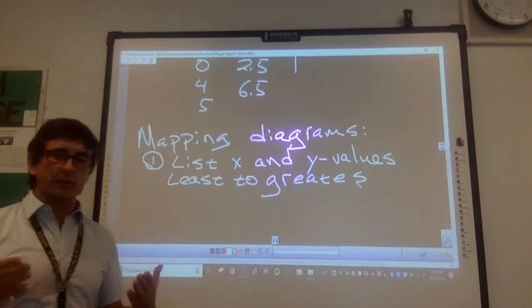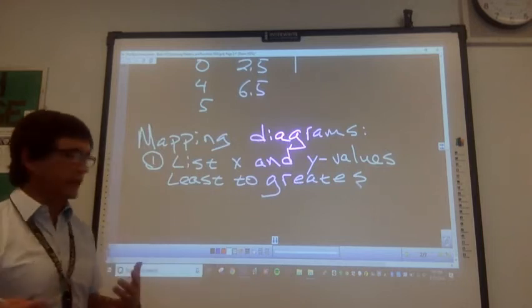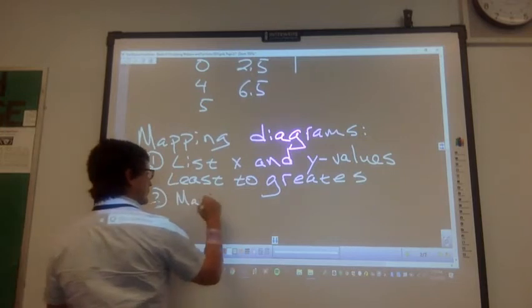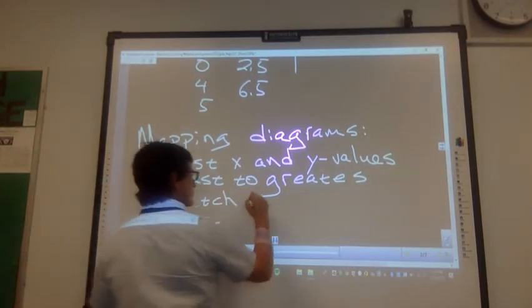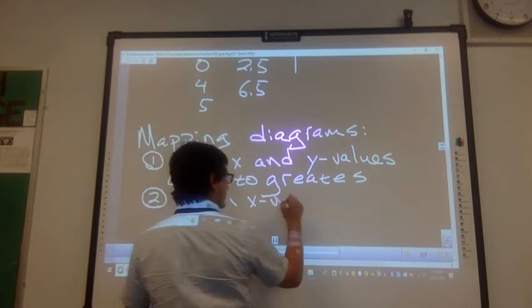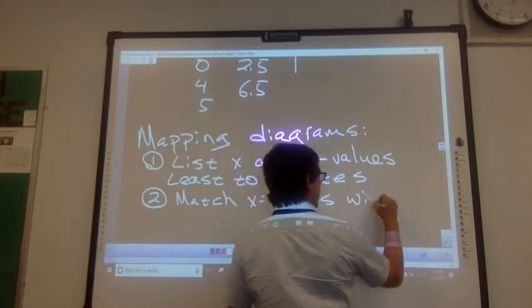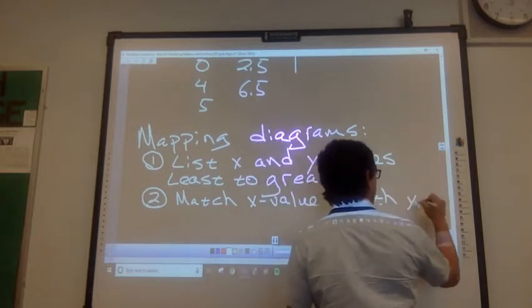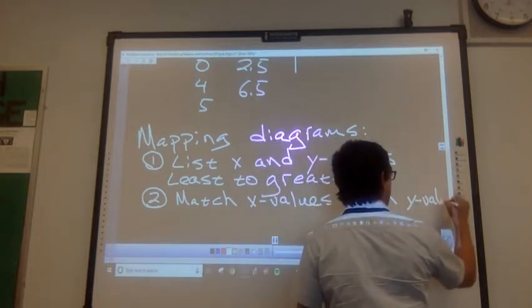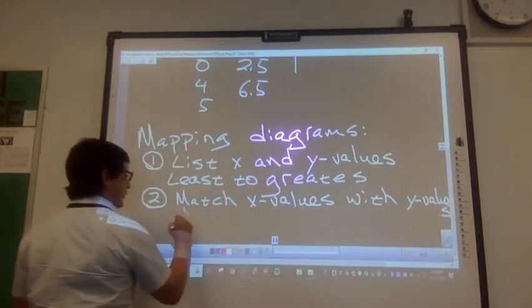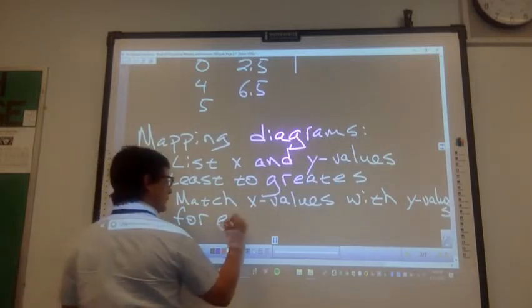Then we're going to match up the ordered pairs. So we're going to match x values with y values, for each ordered pair.